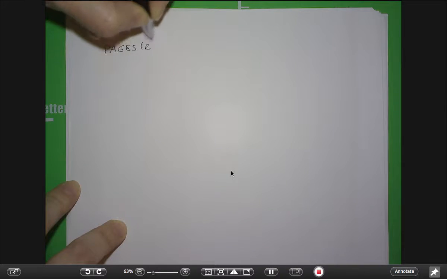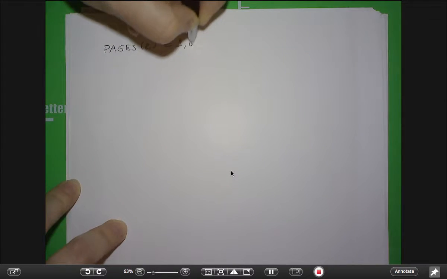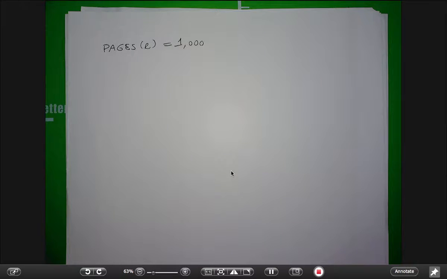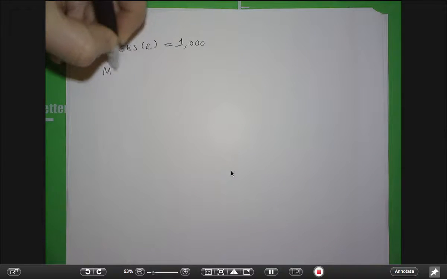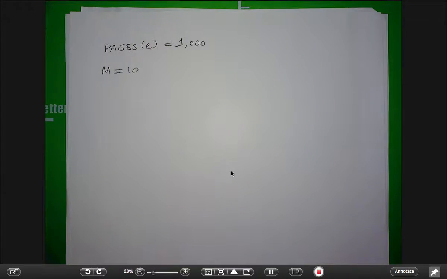So for example, suppose you have 1,000 pages, and I only have 10 blocks. So I cannot really, so let's do step one.